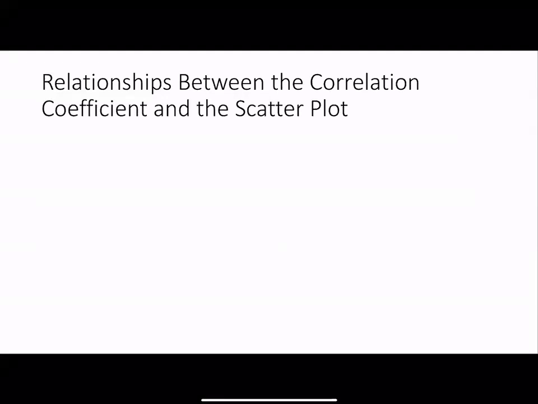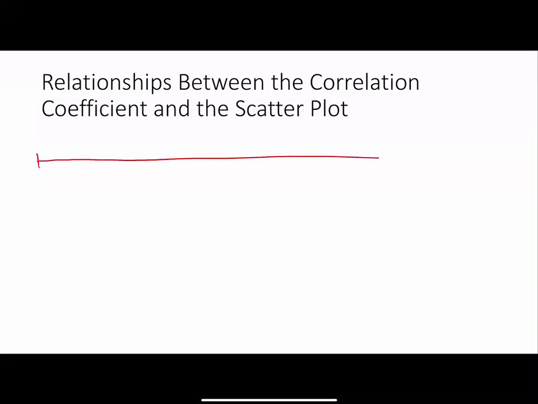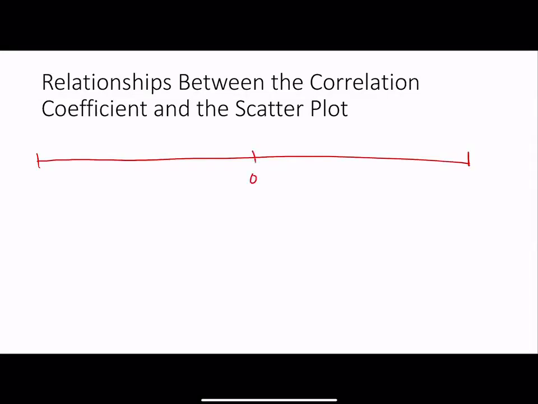Now, the relationship between the correlation coefficient and the scatter plot is that we might see something like this. If I just drew a number line with 0 in the middle, and -1 and 1, you're going to find out on a slide a couple slides later that our R, our correlation coefficient, is between -1 and 1.